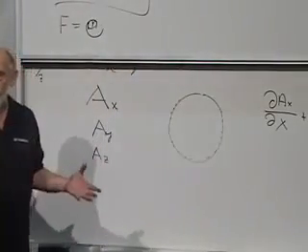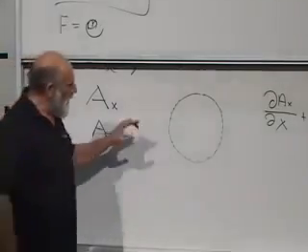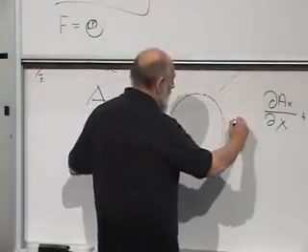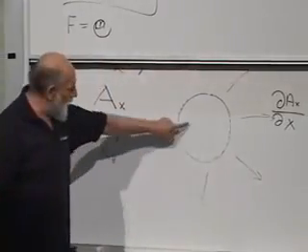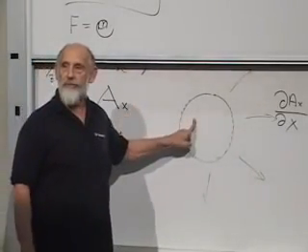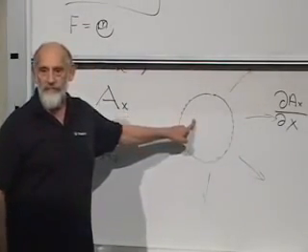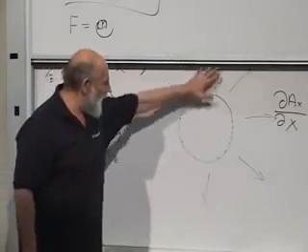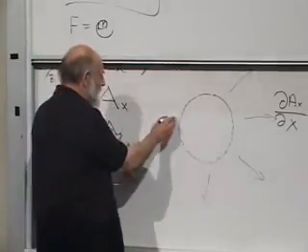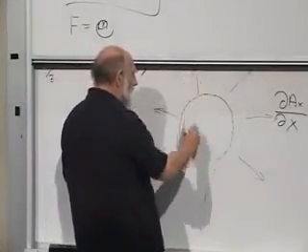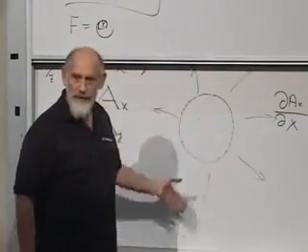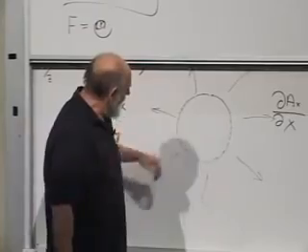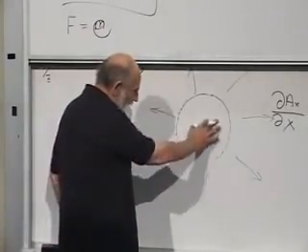What does the fluid flow look like in different places? Well, the answer is on the outside, it looks exactly the same as if everything were concentrated on a point. But what about in the interior? What would you guess? Nothing. Everything is just flowing out away from here. And there's no flow in here at all. How could there be? Which direction would it be in? So there's no flow in here.